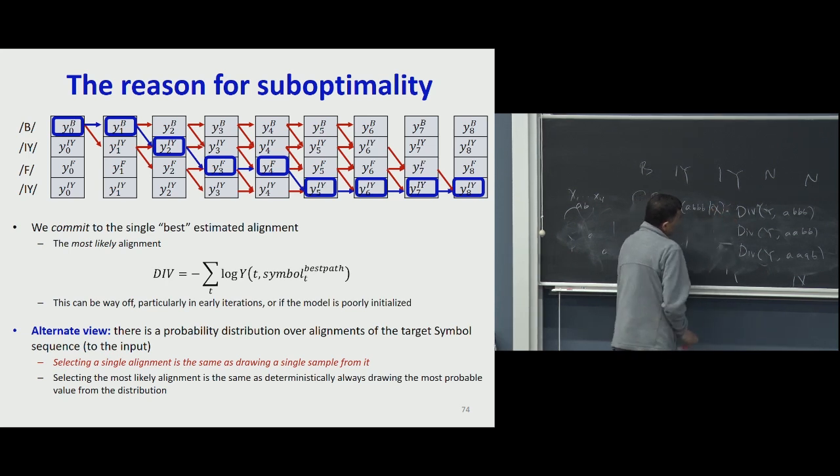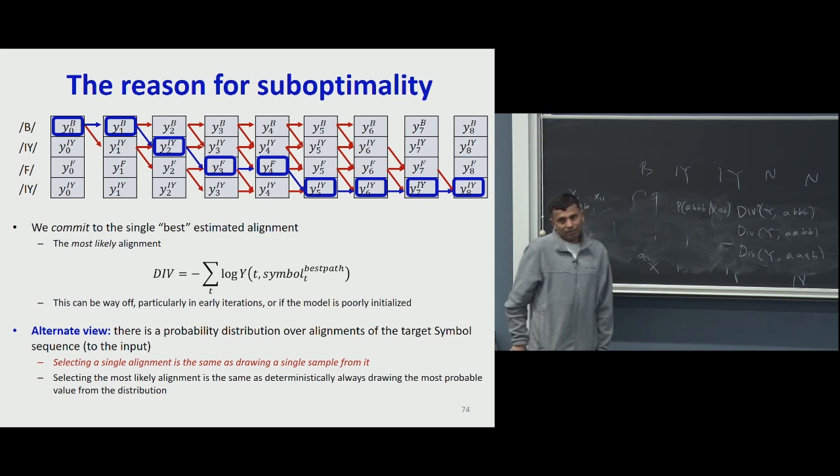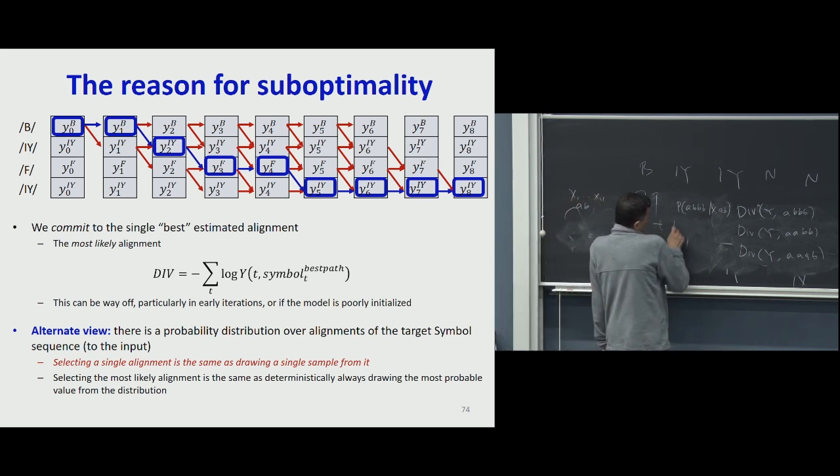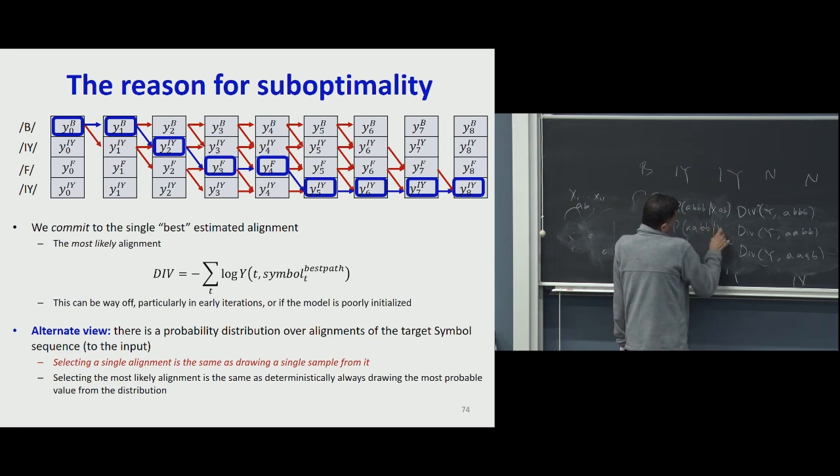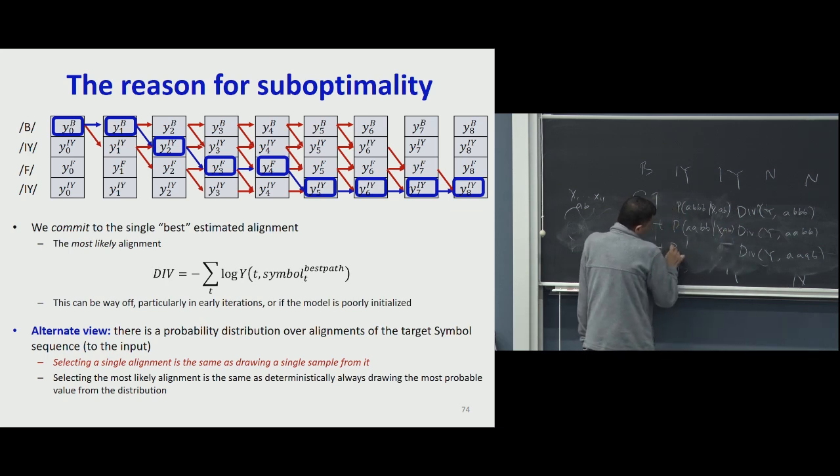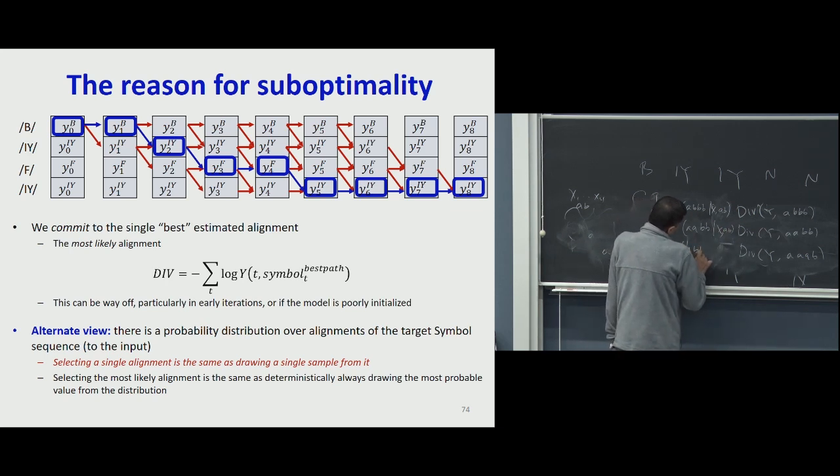It's not just the input. The information I'm being given is the input itself and the fact that the final target sequence is AB, right? The final symbol sequence is AB, plus P of AABB given X and AB, plus P of AAAB given X and AB.